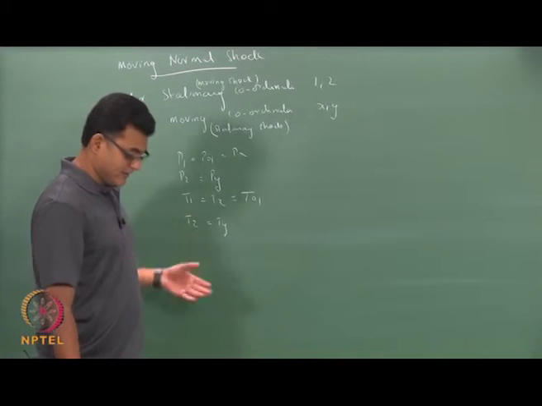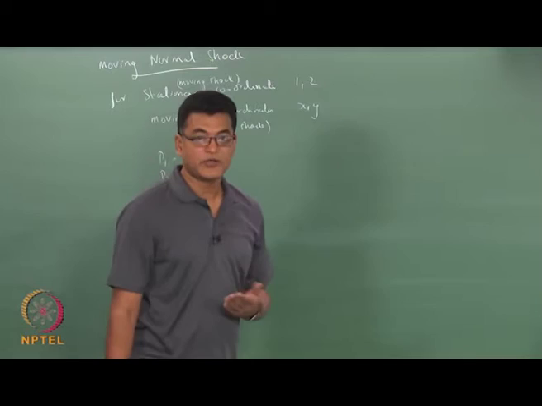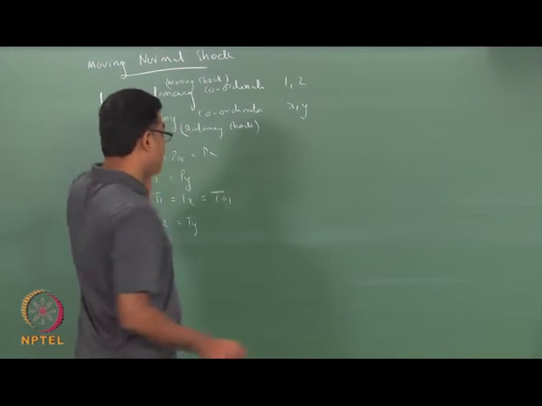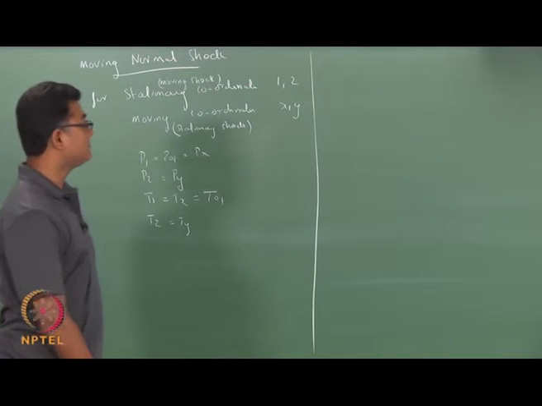And hence the static quantities in stationary coordinates as well as your moving coordinates are the same. So now we will understand the problem better if we do a numerical problem.